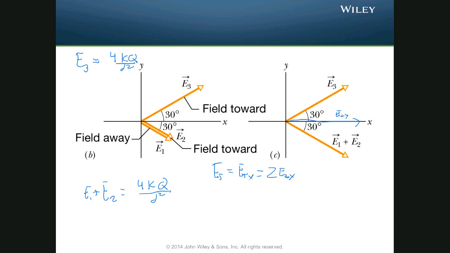Because we already see that the magnitudes of E3 and E1 plus E2 are the same, so we just double it up and say it's 2 times one of them. But we also have to take the x component explicitly, so that equals 2 E3 cosine theta.